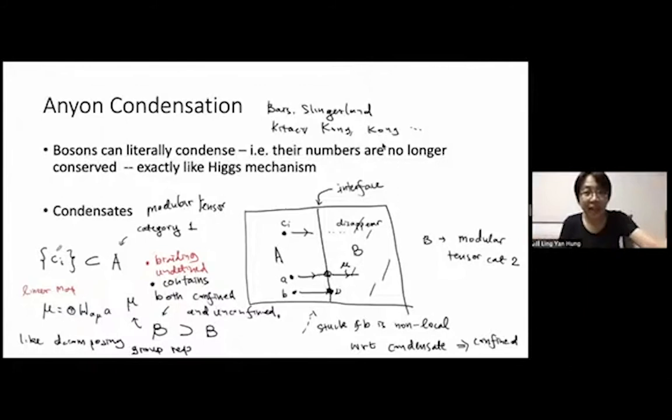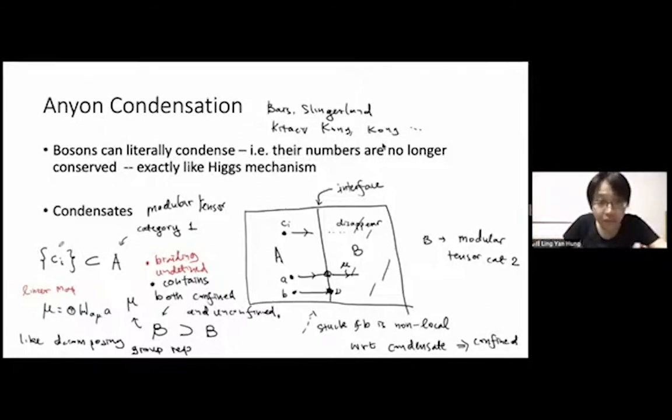But if I have an isolated anyon, the number of that species is conserved. Now we are saying that no, these guys condense exactly like Cooper pairs in a superconductor. The number of Cooper pairs is no longer conserved. I have a bath of that.